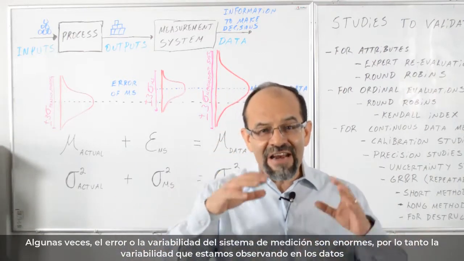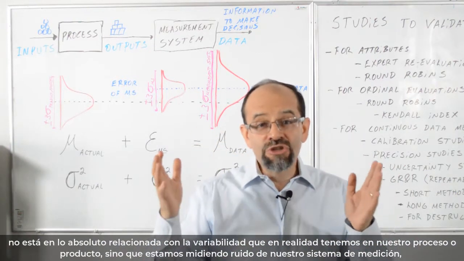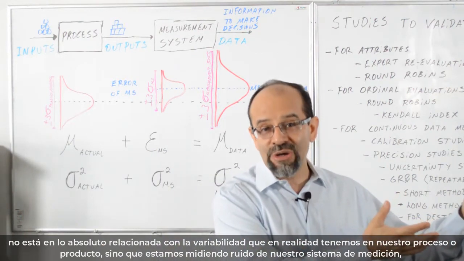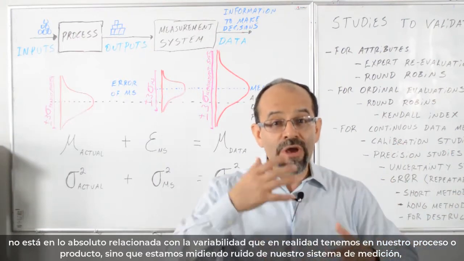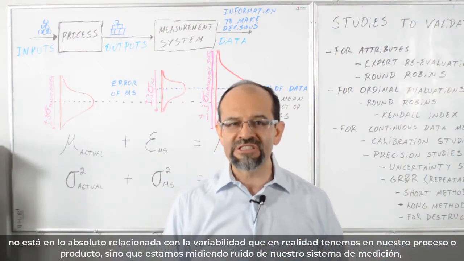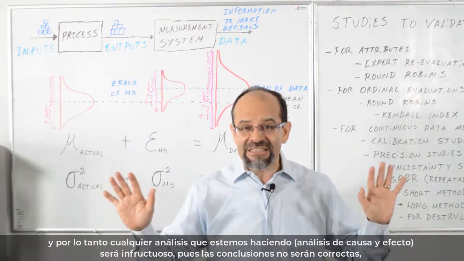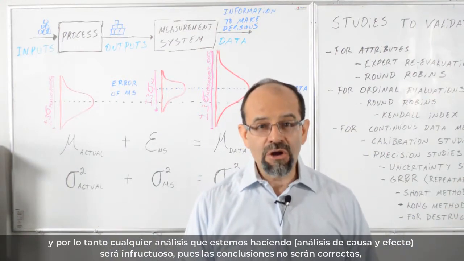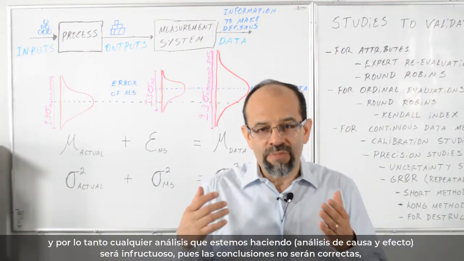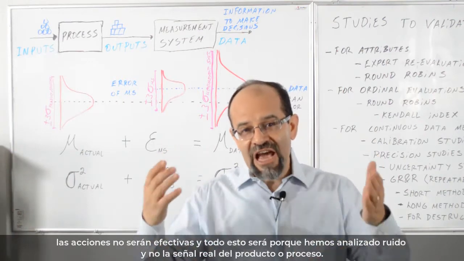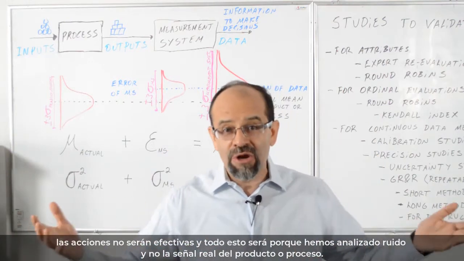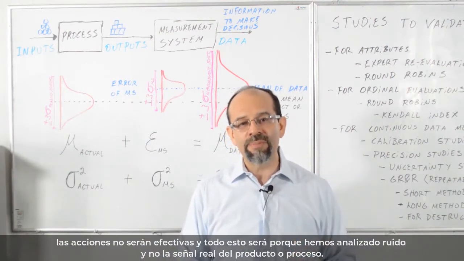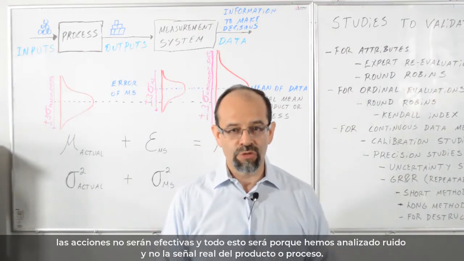And then the variability that we are observing in data is not at all related to the variability that we are actually having in our process or product. But we are measuring noise because of the measurement system, and therefore any analysis that we will be doing, cause and effect analysis, is useless because, again, the conclusions won't be right, and then the actions won't be effective, and all of that is because we have analyzed noise and not the real signal of the product or real signal of the process.